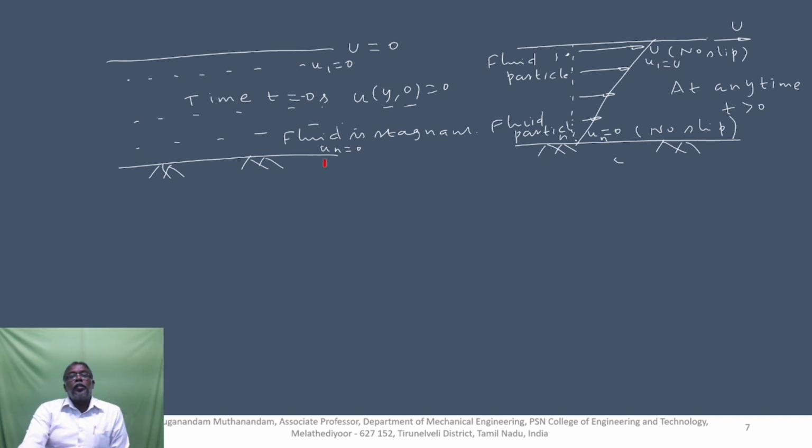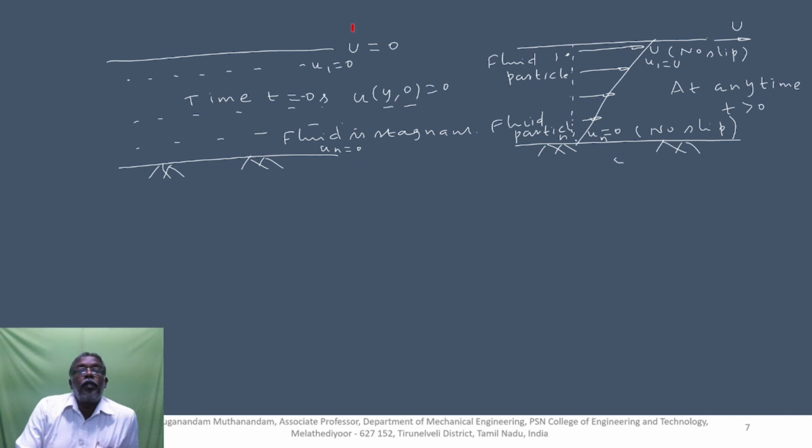At the bottom plate it is 0 because the bottom plate is stationary, according to the no slip condition. At the top plate, the fluid particle which is adhering or sticking to the top plate also has zero velocity, because the top plate is having zero velocity, not moving. u is equal to 0.